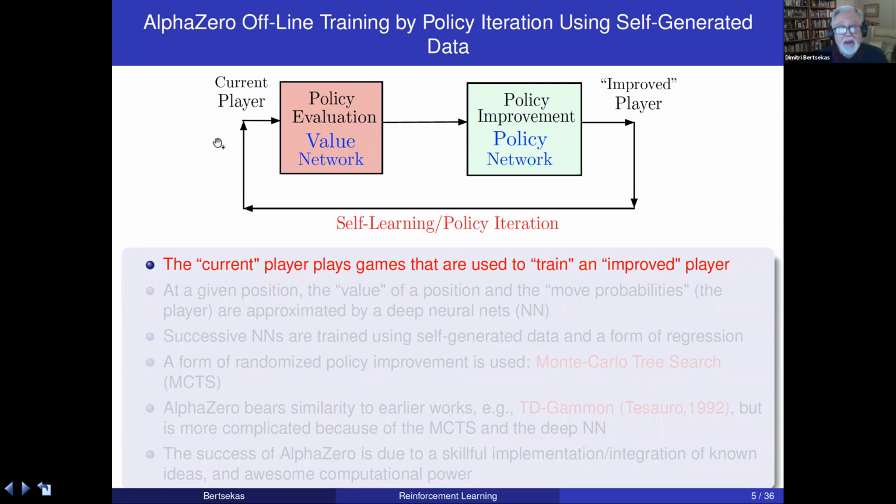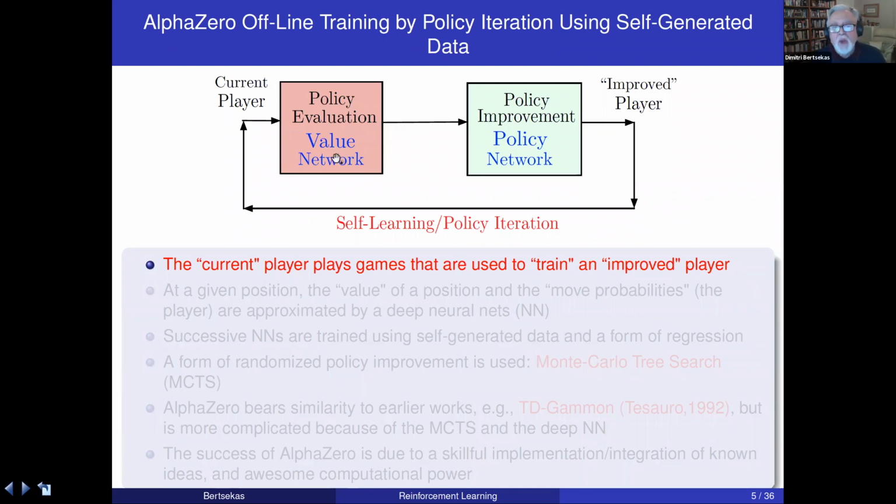Now the performance of the player is evaluated by using data. We have a player who plays a lot of games, we evaluate this policy, and we use what's called a value network, a neural network. Given a certain position, the value network provides an evaluation of that position.